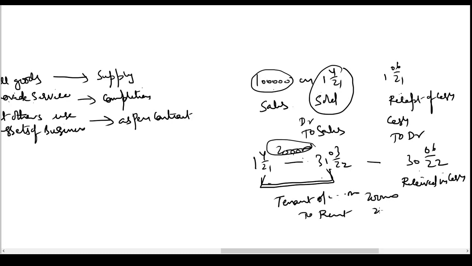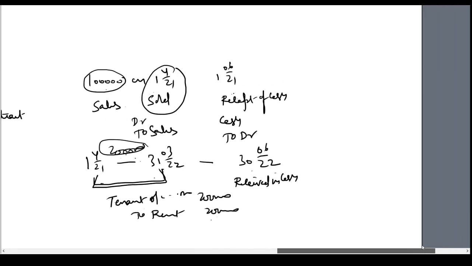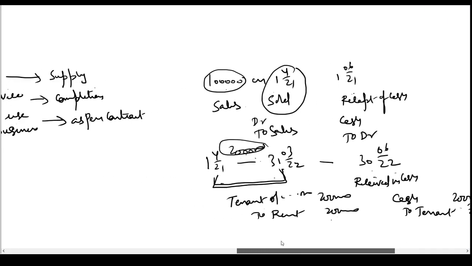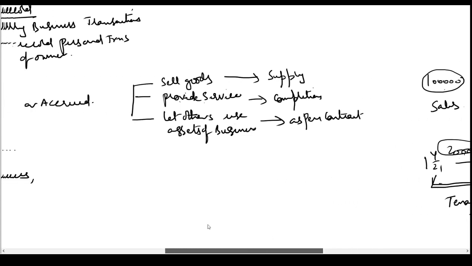I am recognizing the tenant as a debtor. And when I receive cash, I'll pass the entry cash to tenant 2 lakh. So I'm not waiting for the money to be received. I'm recognizing it when I have the right to receive.